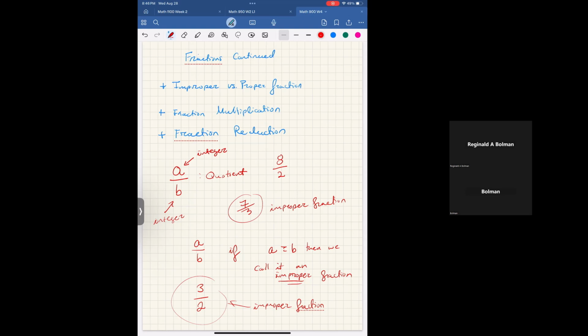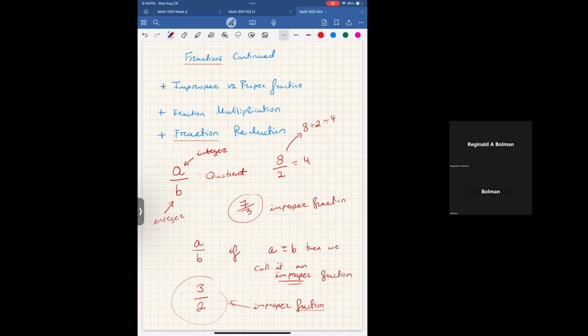But if you took, say, the improper fraction 8/2, this literally means 8 divided by 2, which we know must equal 4. So after we do division, we know that this fraction isn't really a fraction at all, but rather it's equivalent to the number 4. Hence the reason why it's called an improper fraction, because we usually associate fractions with a quantity that's less than 1.